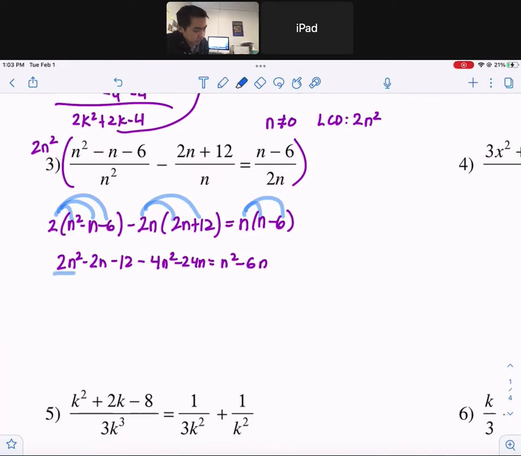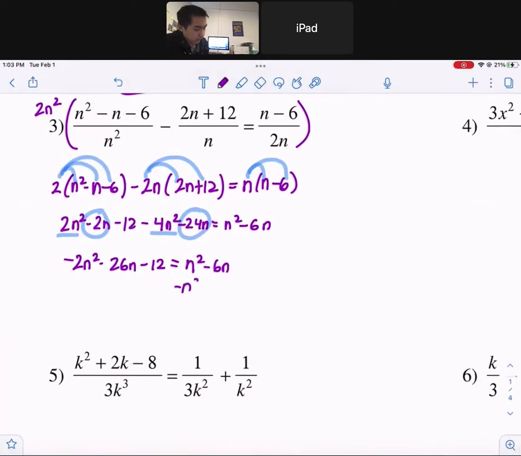Combine like terms, so the n squares we can combine, the minus 2n and the minus 24n we can combine, so negative 2n squared minus 26n minus 12 equals n squared minus 6n. So let's move the n squared over to the left-hand side.